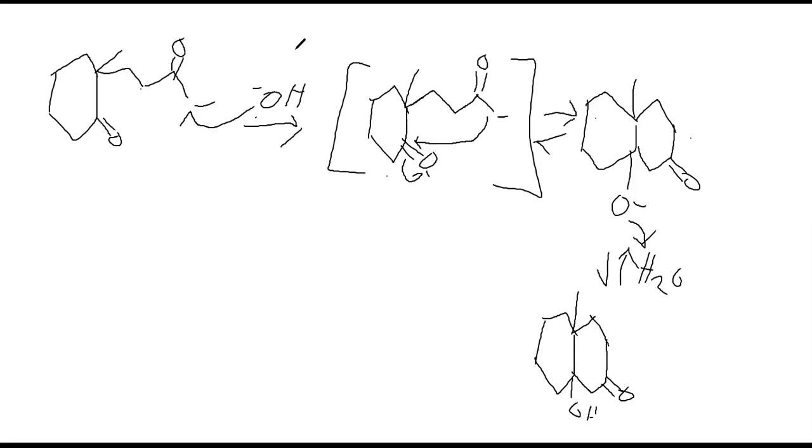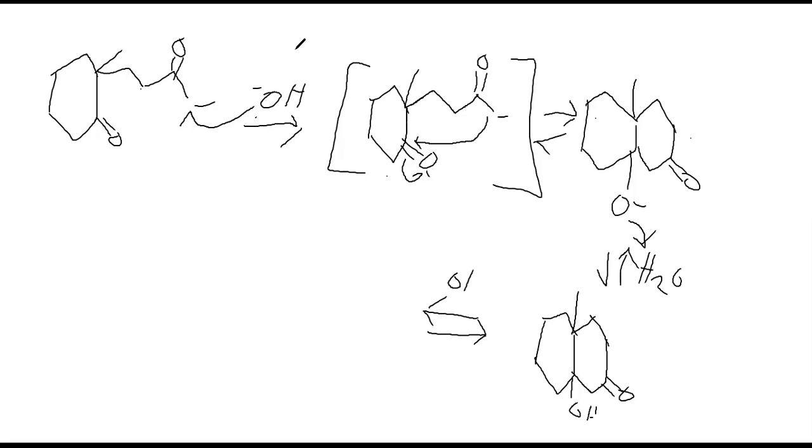Now this right there is maybe not the most stable. We'd rather reform the unsaturated ketone. So what we have here is now beta elimination.